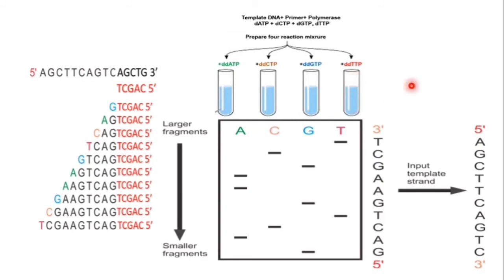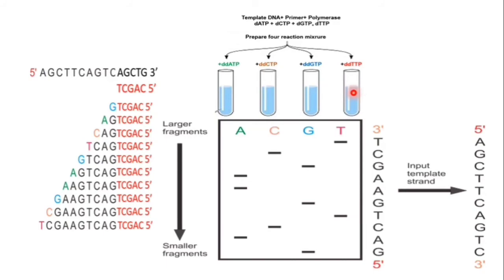After the reaction, we will get varying lengths of DNA in these 4 tubes because of the dideoxy chain termination method.